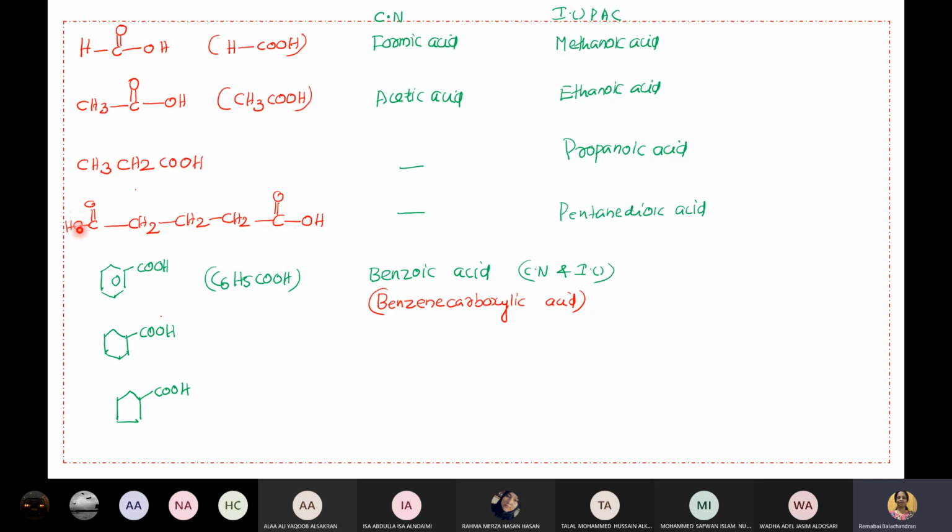It has to be part of the chain. Even if you don't write 1,5, if you are writing oic acid, it has to be the C double bond O group at this end and this end. Otherwise, it will not be oic acid. Once it is part of the chain, it's oic acid. So if you write 1,5, I will not cut your marks.